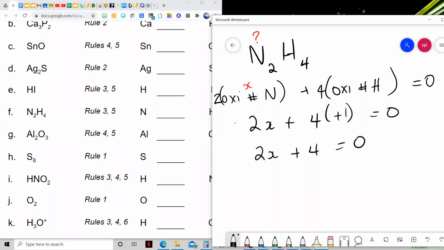Our next line there will be 2x plus 4. How do we solve for x? Divide both sides by 2. Very good. So we end up with minus 4 divided by 2. So x is now equal to minus 2. And that's the answer.